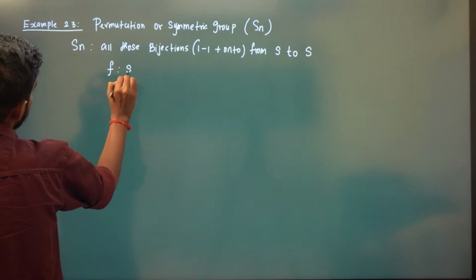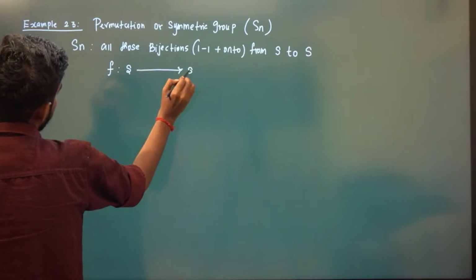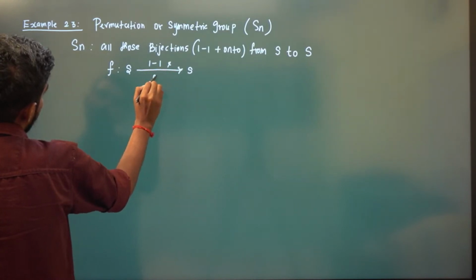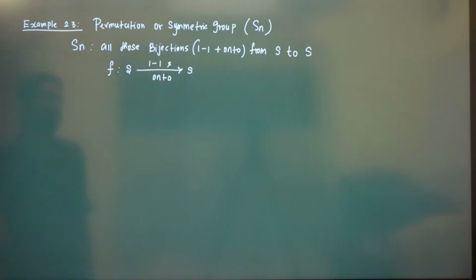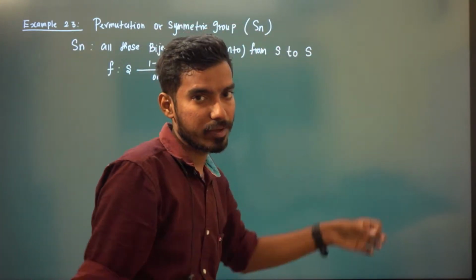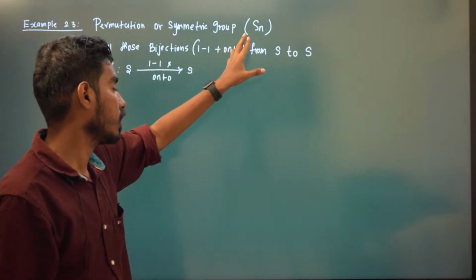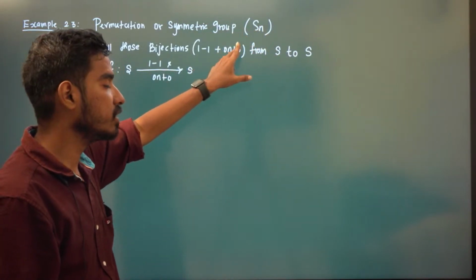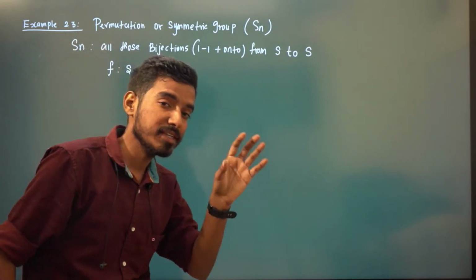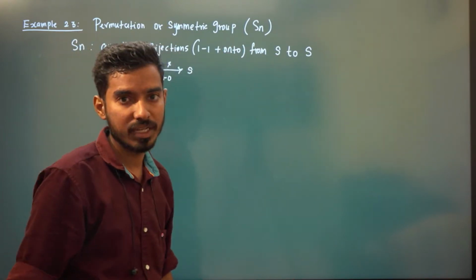All those bijections from S to S. So you collect all those one-to-one and onto mappings. Here n is the number of elements. If n is 3, all those one-to-one onto mappings from a set of 3 elements to a set of 3 elements.